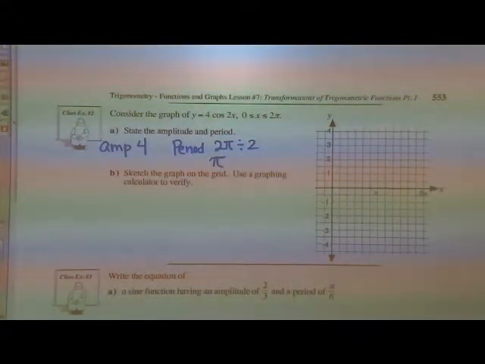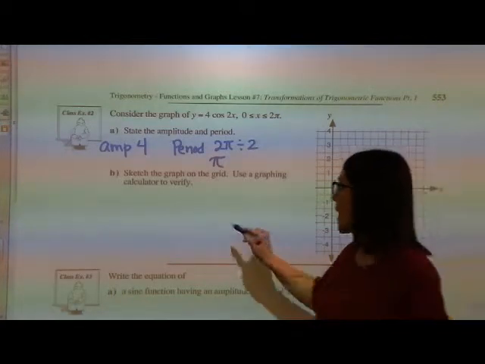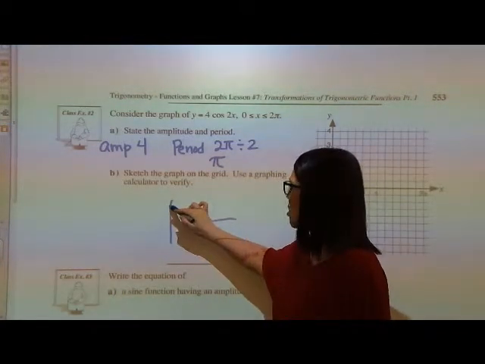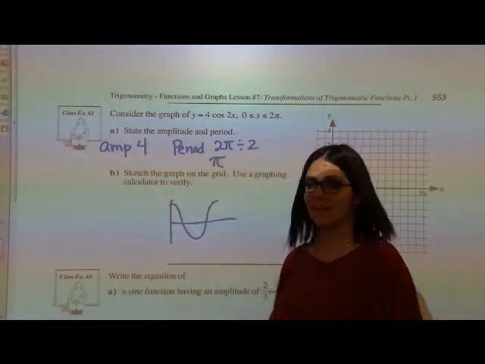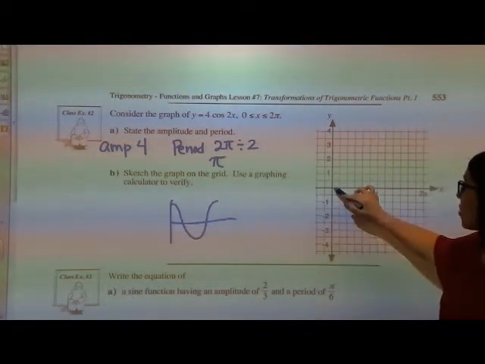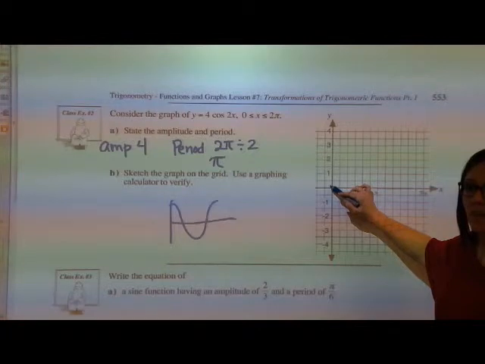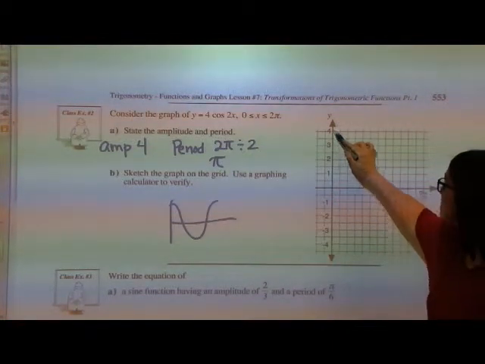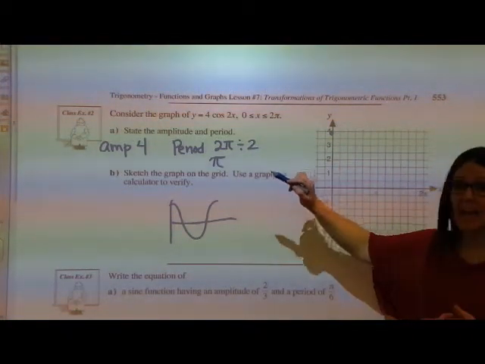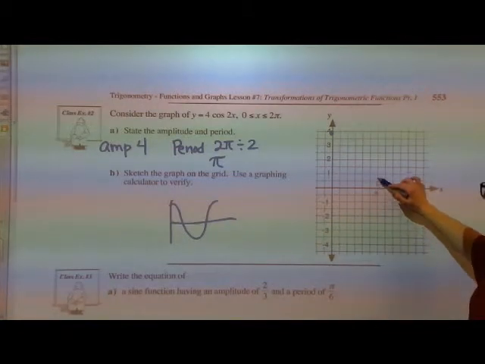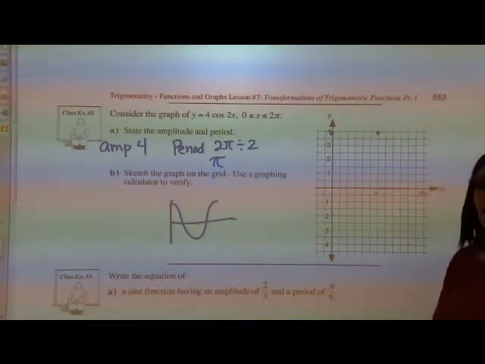The other thing that I need to know is a cosine graph starts at the maximum and then ends at the maximum. So my cosine is going to start at what? What's the maximum for cosine now? 4. It's going to end at 4, which is 1 period, so it's going to end at pi at 4.